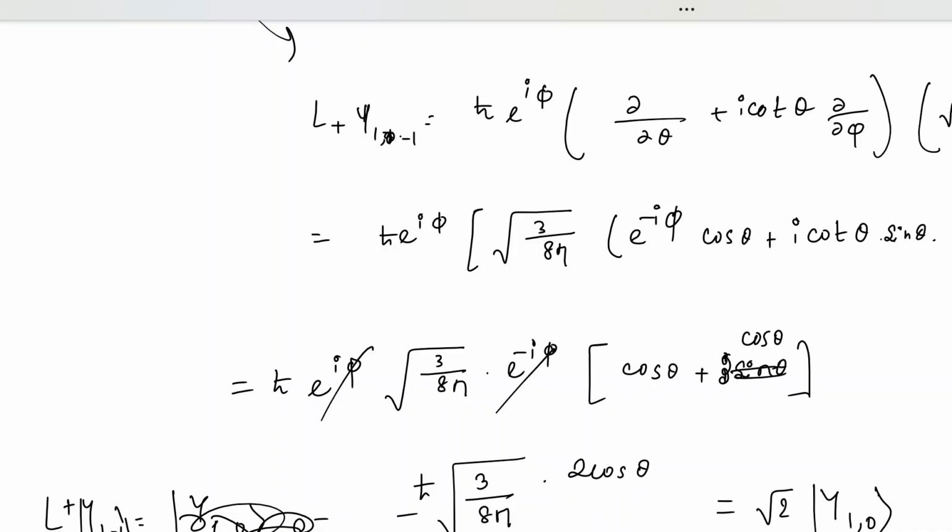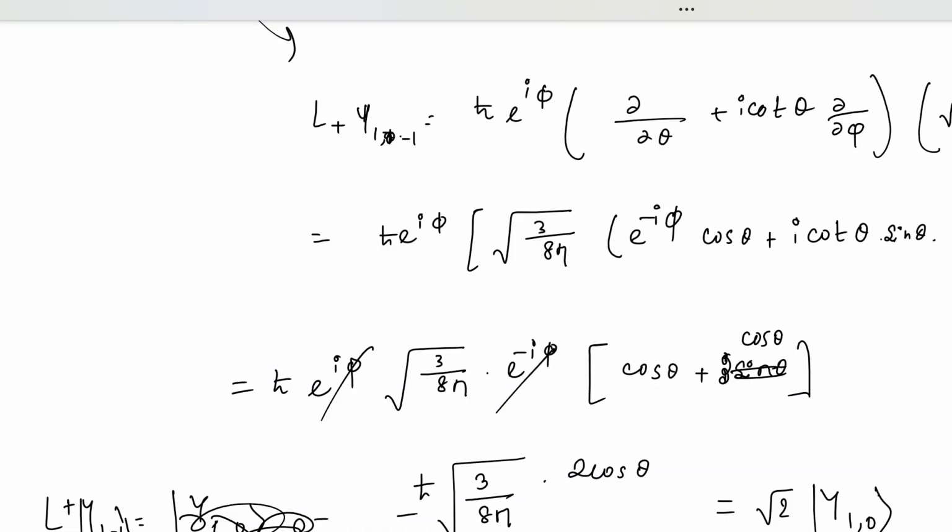So when you equate these two, you get Y10 is equal to root over 3 by 8 pi h cut 2 cos theta divided by root over 2, or you get h cut root over 3 by 8 pi root over 2 cos theta.